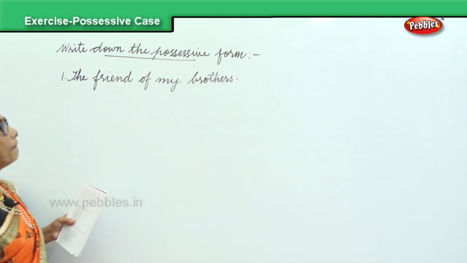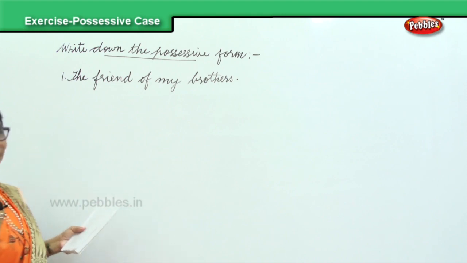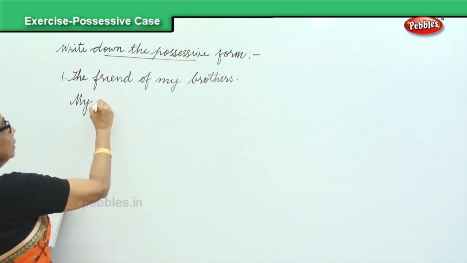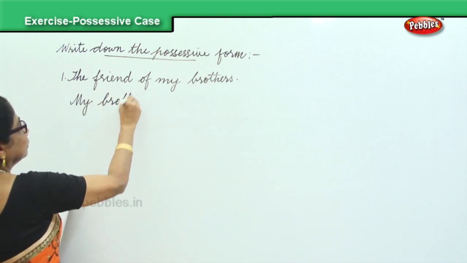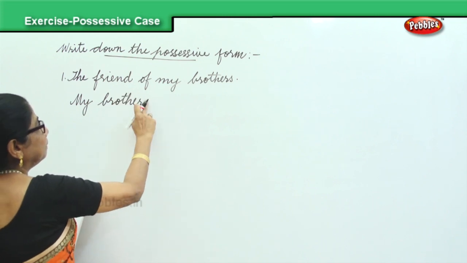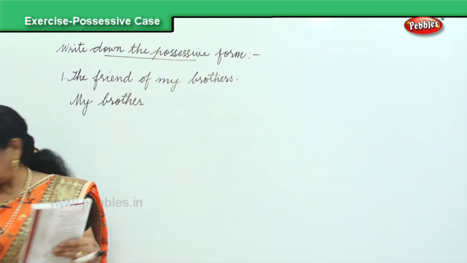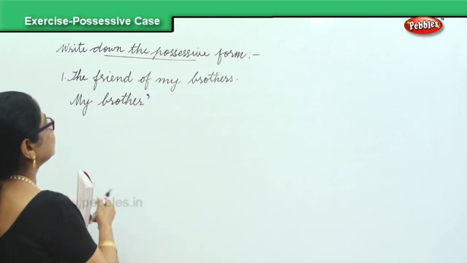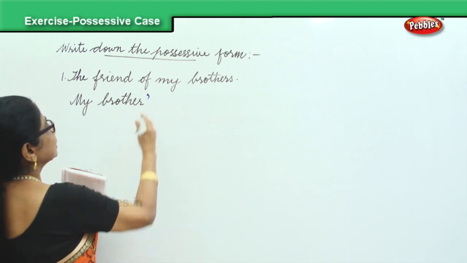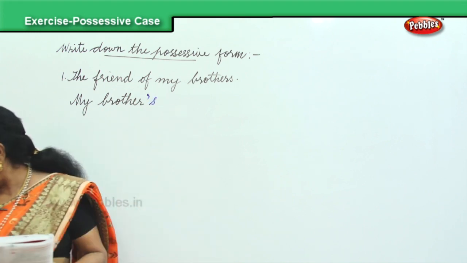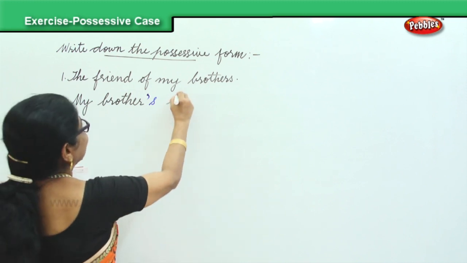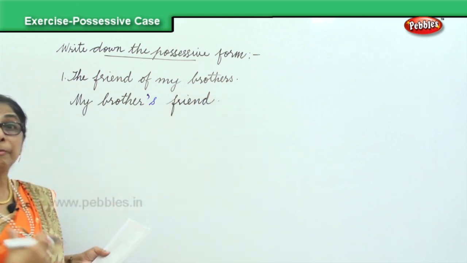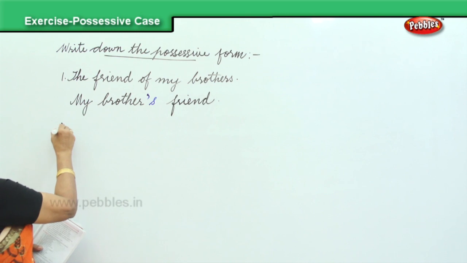What is the other way of saying? My brother's friend. Okay? Whose friend? The friend of my brother. My brother's friend.